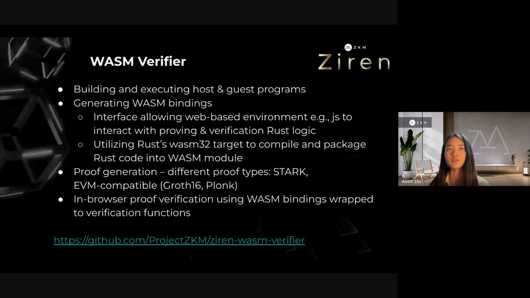So over here, there's a little less overhead, because if you wanted to generate Stark proofs and then verify them, you don't have to go through that Stark to Snark wrapping process that we previously mentioned. So there's a little less overhead. And then you can directly do your browser proof verification. So that's a little note that I wanted to mention.